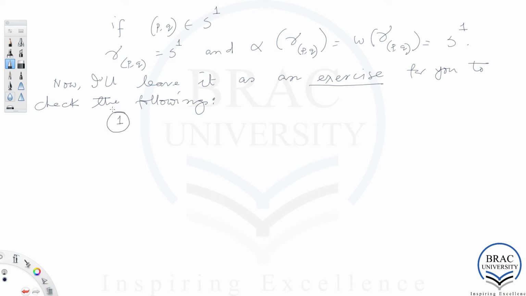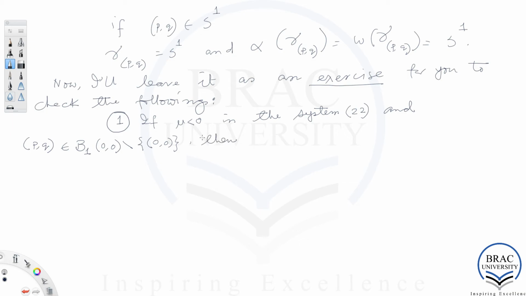One, if mu is negative in the system 22, and the vector PQ is in the open ball of radius 1 centered at the origin, set minus the origin, then the alpha limit set of the underlying orbit is the unit circle.